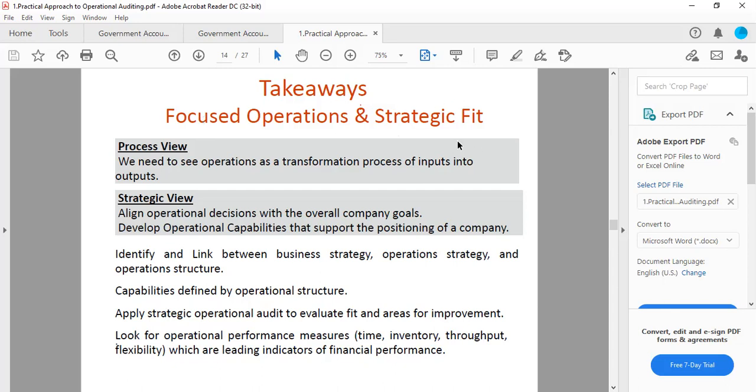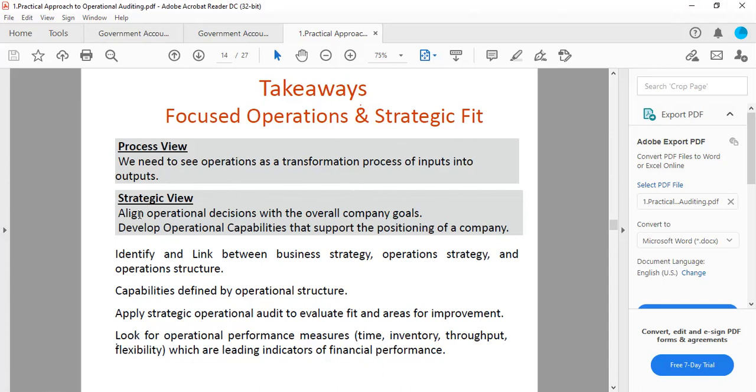And then strategic, because we are looking into the long term. Hence, in a process view, there is a transformation process of inputs into outputs, and we want the production process as well as all other processes, including internal controls, to be efficient in doing their respective purposes in the organization.